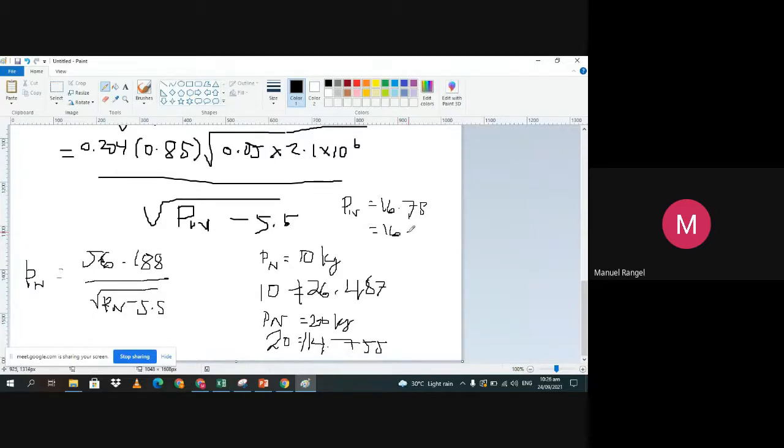So nag-equal sila, no? So the value of the normal tension is 16.75 kilograms. Matagal kay trial and error man, no? So dapat kabalo mo mag-estimate.